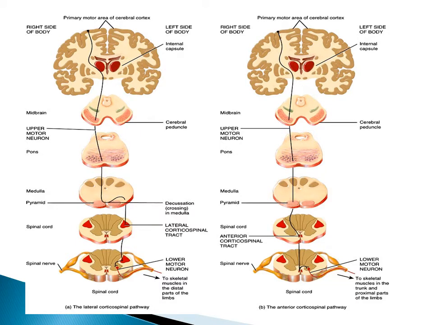Now, let's talk about some of the motor pathways that provide for voluntary control of skeletal muscles. The first of which is the lateral corticospinal pathway. This plus the anterior corticospinal pathway are going to give us the majority of our voluntary motor control that we're concerned with in testing the upper extremities.